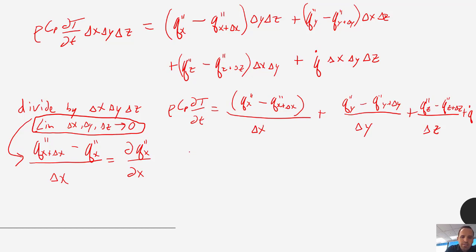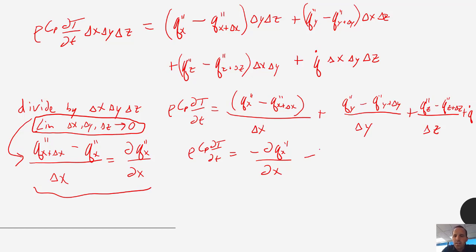So we have rho times Cp times dT/dt equal to minus the change in flux in the x direction with respect to x. We just used that definition of a derivative, but we had to flip the terms because here we have qx minus qx plus delta x, and here we have those terms flipped.